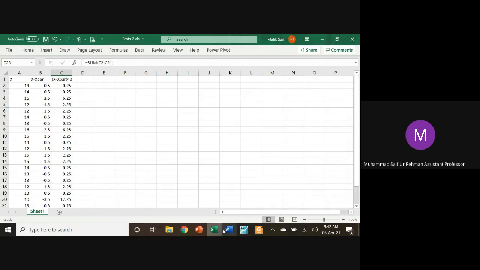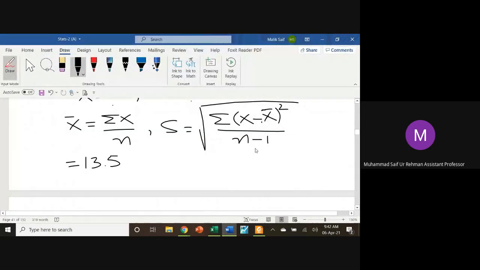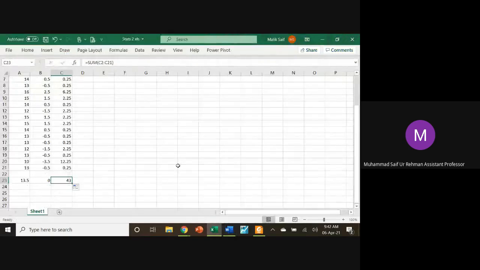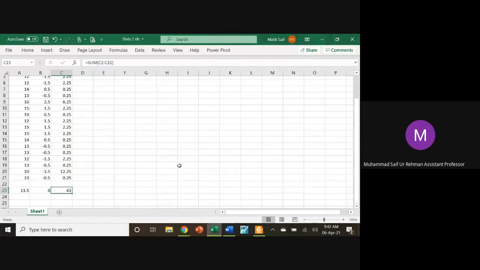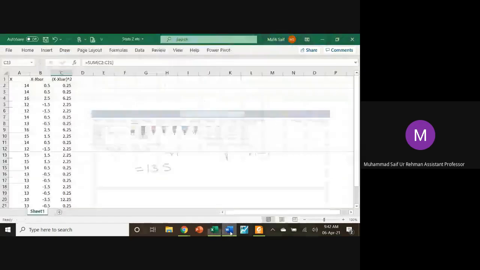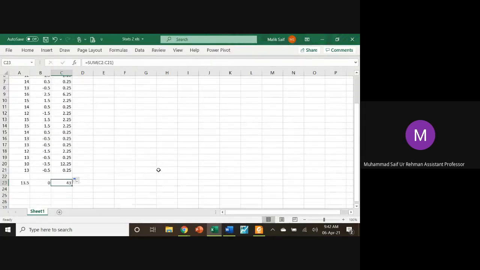Fine. But we are interested in dividing this term with n minus 1. So what is n? And subtract that with 1. So n was 20.